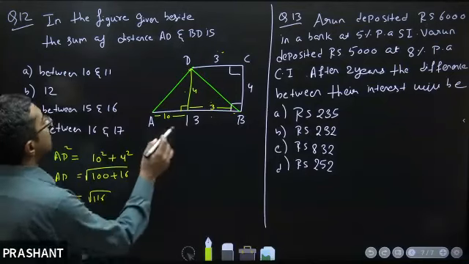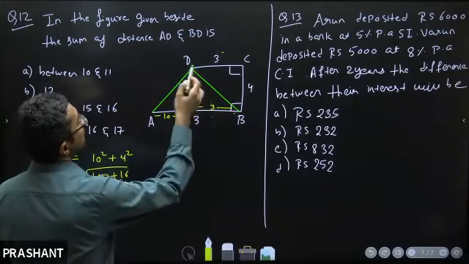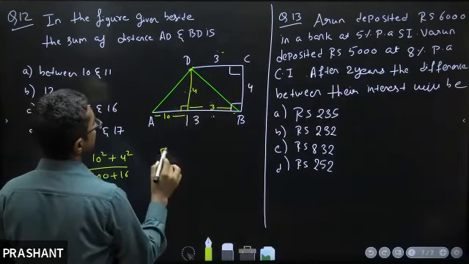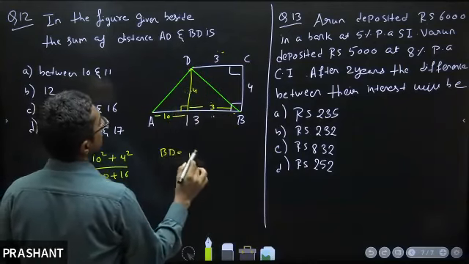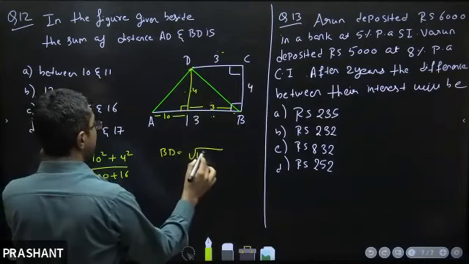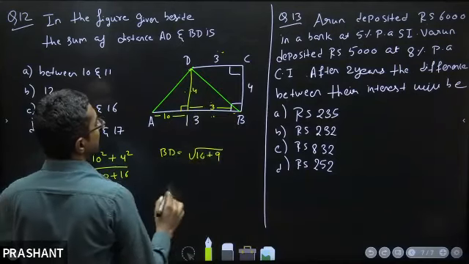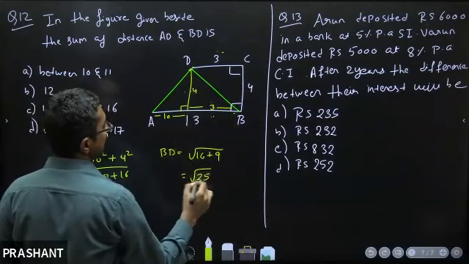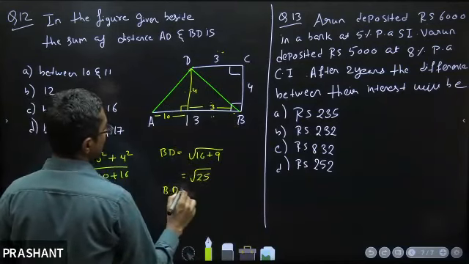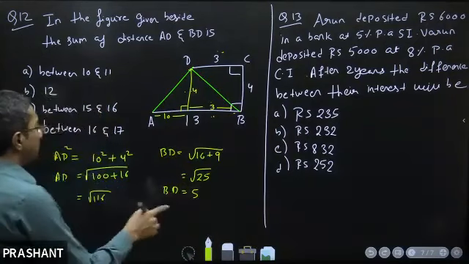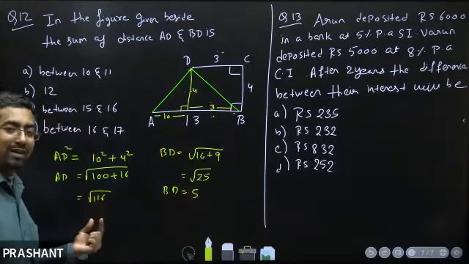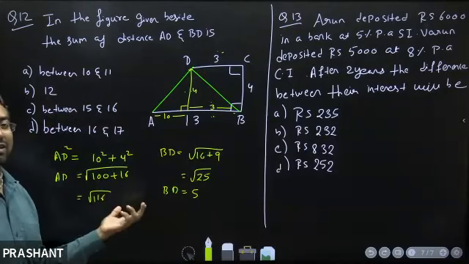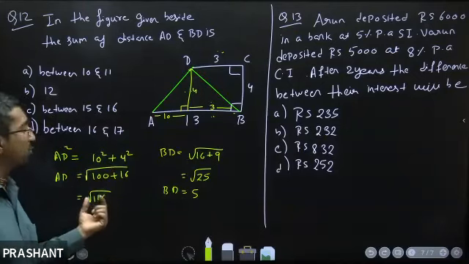Correct. So now similarly, we have to find BD. So this is 4, this is 3. So BD is equal to under root of 4 square plus 3 square, that is 16 plus 9, root of 25. So BD is your 5. So now the summation of both: this is something more than 10 and this is exactly 5. So 10 plus 5 is 15 and this is more than 10.